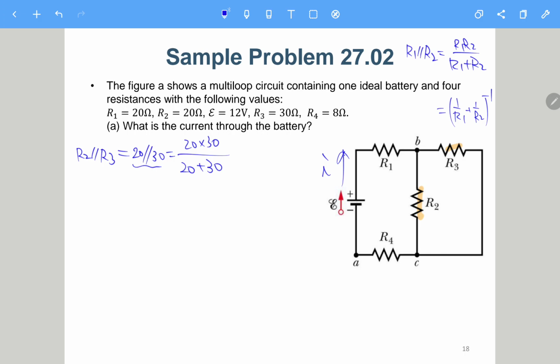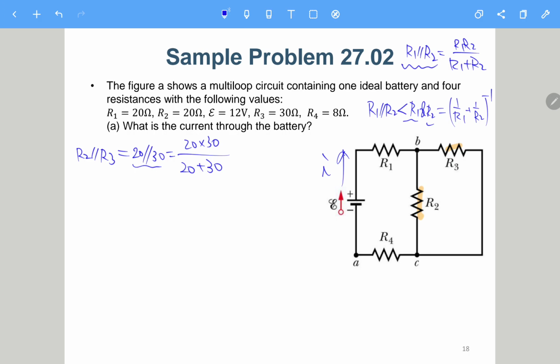So you should notice that R1 parallel R2 will be strictly less than R1 and R2, less than the minimum of them.